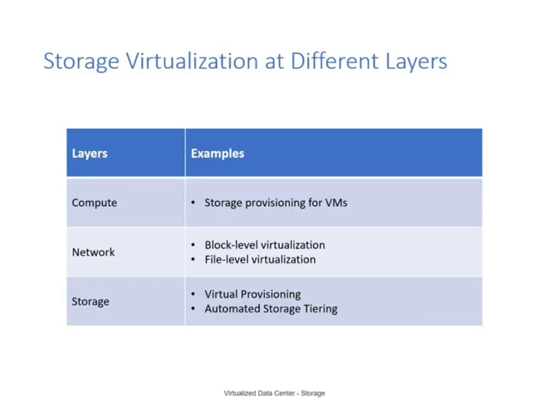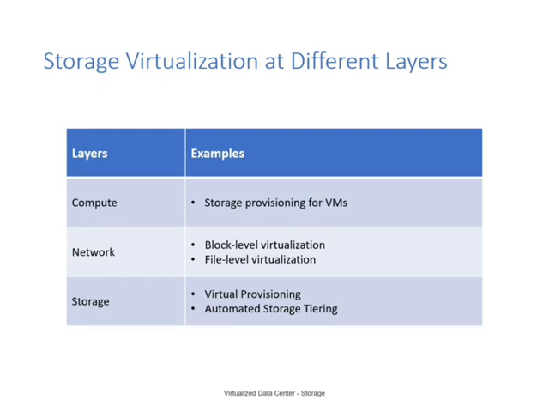The virtualization and storage virtualization may be implemented at compute, network, and storage layers. At the compute layer, hypervisor allocates storage space for VMs without exposing the complexity of the physical storage.